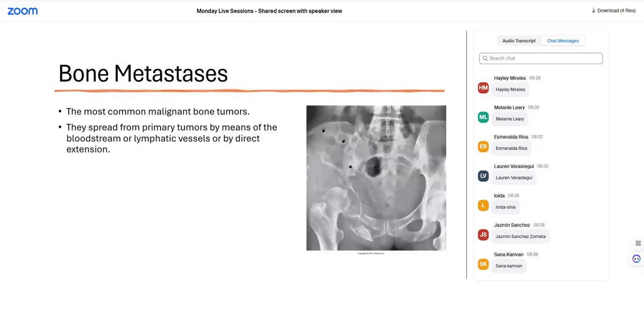This is the most common malignant bone tumor. That means basically there was a primary tumor that spread through the bloodstream or lymphatic vessels, or by direct extension, but you can see here it basically just starts eating the bone away.